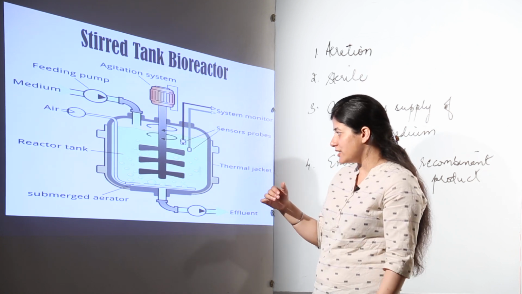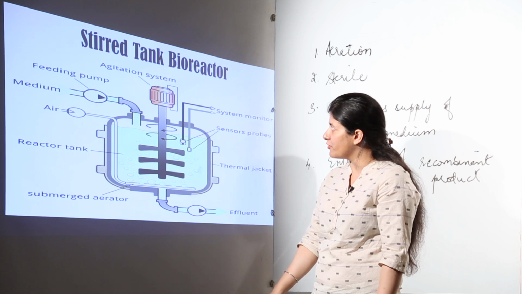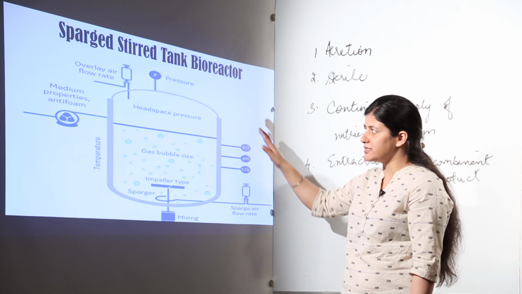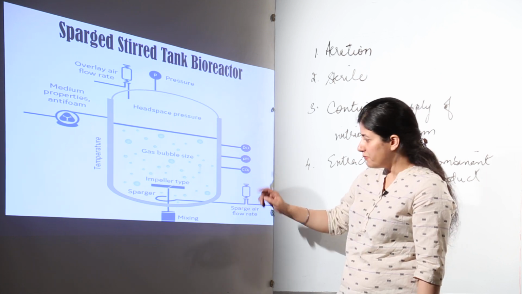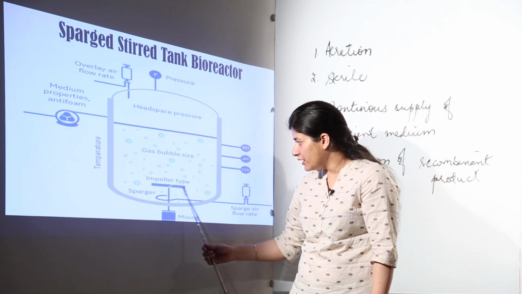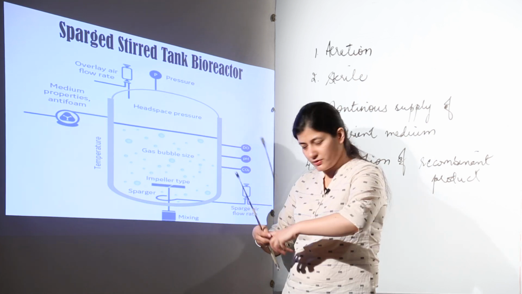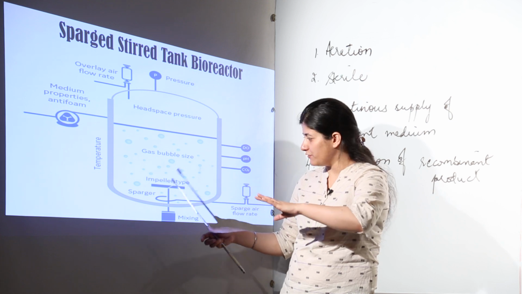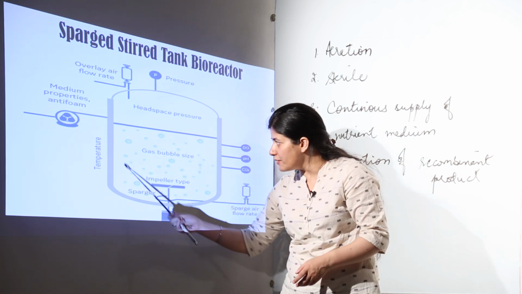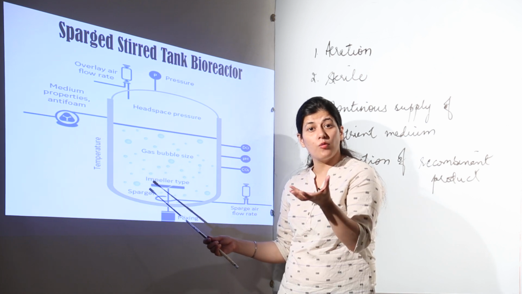In certain cases, there is another type of bioreactor, the sparged tank. It is quite similar, but the difference is that there is a sparger which gives up the air supply in the form of bubbles.